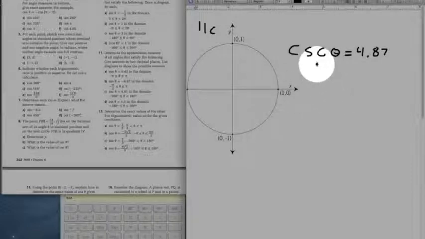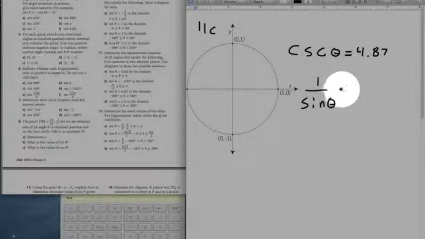Now, remember in the last video I talked about how to remember what these are. This is a C, so I'm thinking cos, but there's S and C, so I have to do the opposite. So this is going to be 1 over sine theta equals 4.87. When I'm trying to sort this out, I need to get sine theta equal to something.